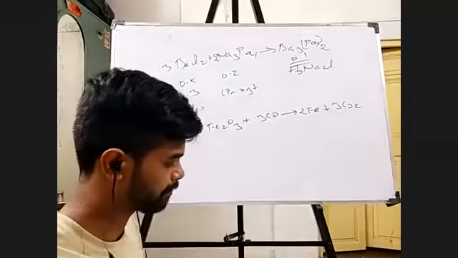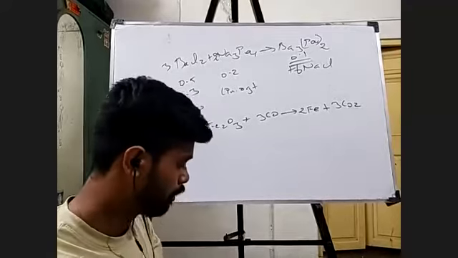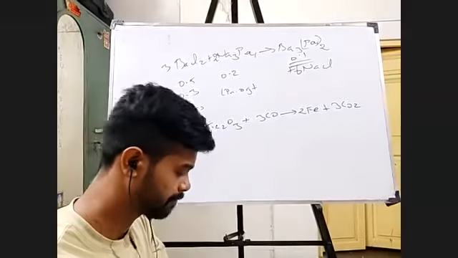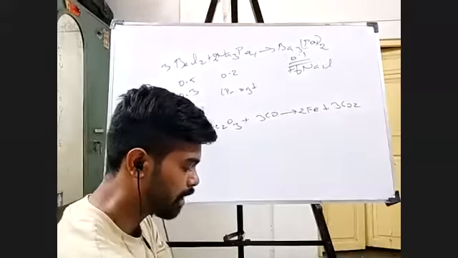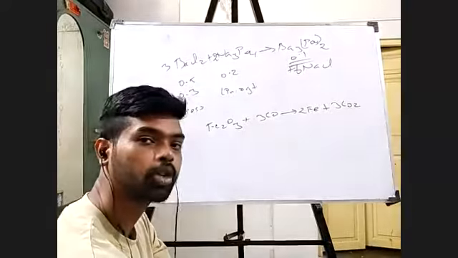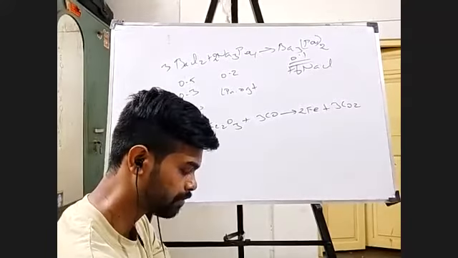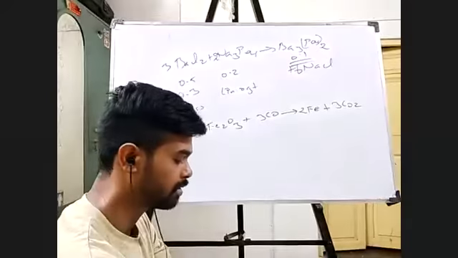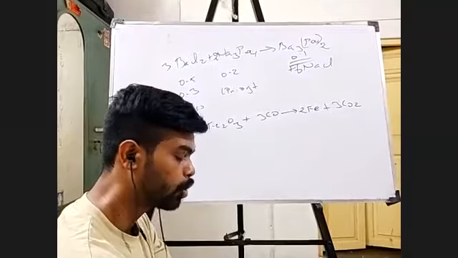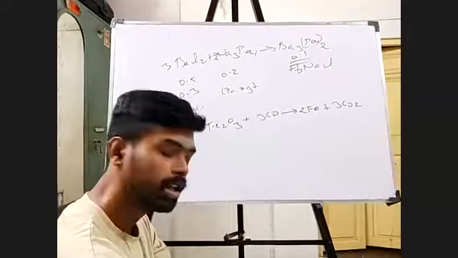For this reaction, 480 grams of Fe2O3 was taken with excess CO, carbon monoxide, and yields 252 grams of iron.